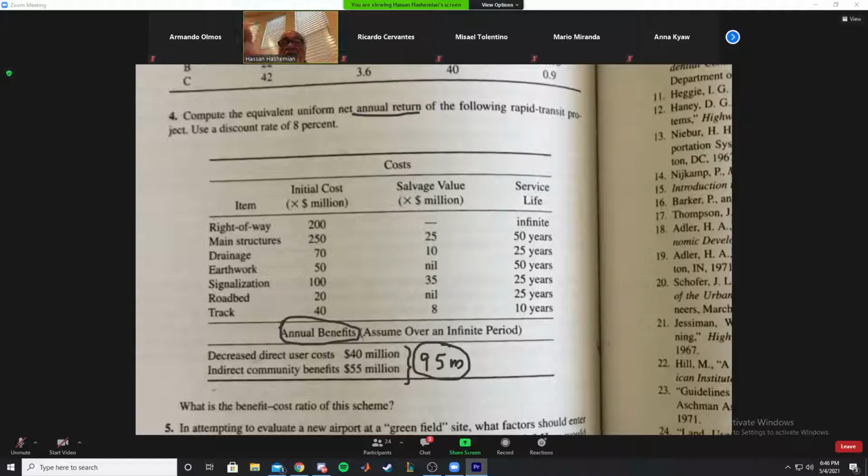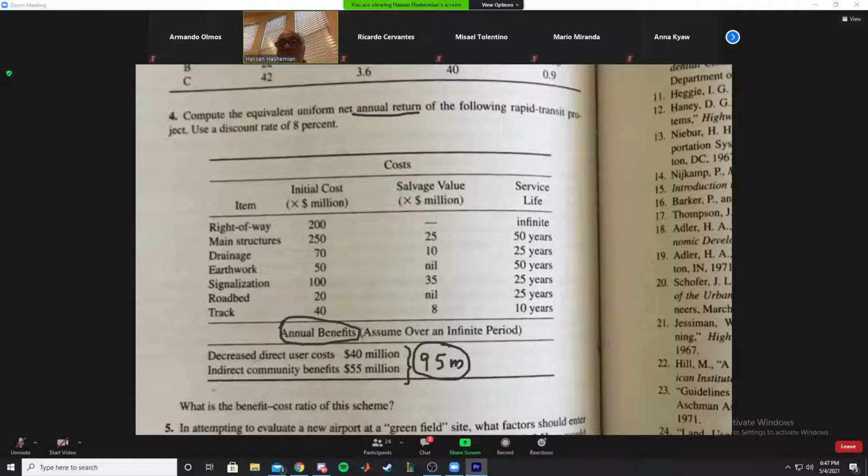If you have a P and you want to make it annual, you know how to do that. So each of them we have to make annual, then add them up together. That will be your annual cost. You have your annual benefit, and then you can find your net annual return.